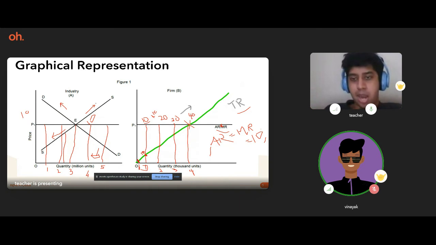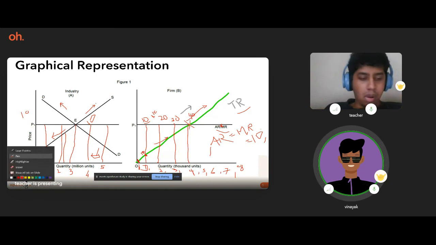So that is why you have to show something like this moving upwards in this direction. That is why it's just a graphical representation. So it does not generally have to start from zero, but we have to show the change in total revenue based on the number of units being sold, number of thousand units being sold. So that is why it is shown just for graphical purposes. Yeah. Okay, I get it.